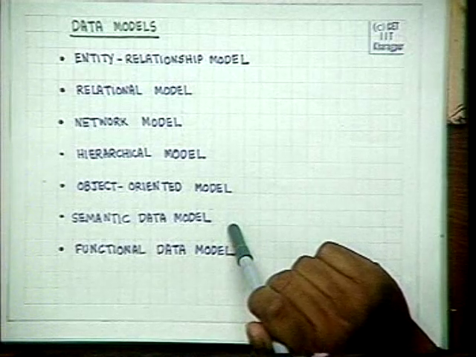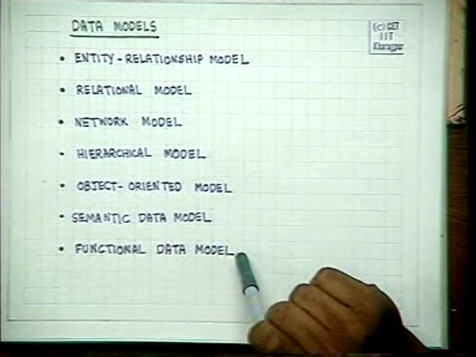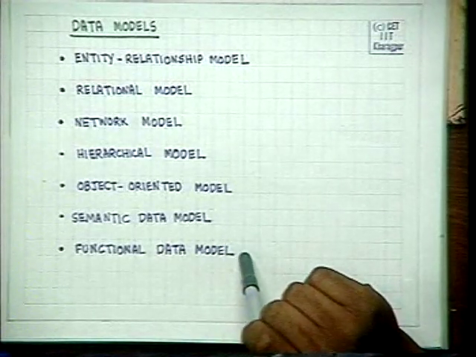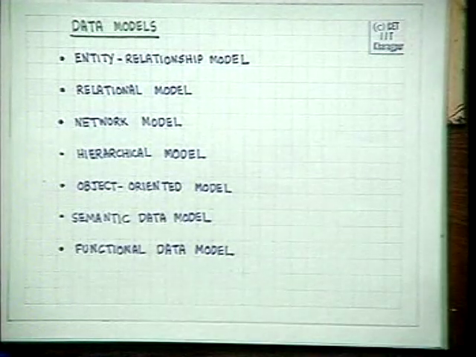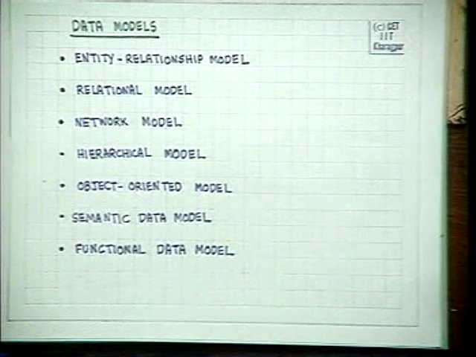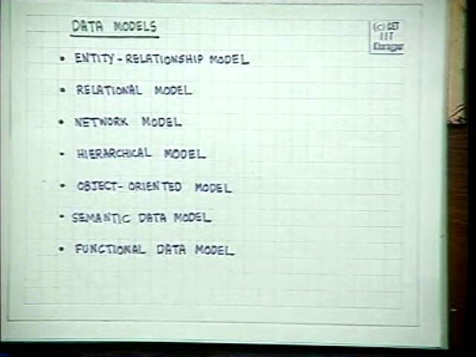Another object model is the semantic data model, and some other models like the functional models are also there. These models are not so much directly related to the implementation aspect. It is a very logical and a very high level view of the structure of the database. It is later on going to be translated to a lower level model.